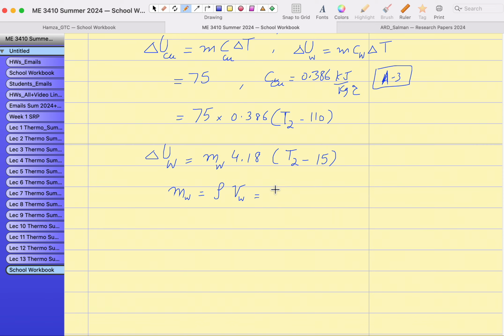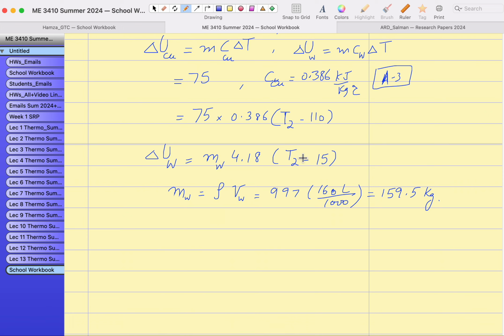The density in this case is 997 at 25 Celsius, multiplied by the volume, 160 liters, converted into meters cubed. If you solve this, you should get 159.5 kilogram of water.